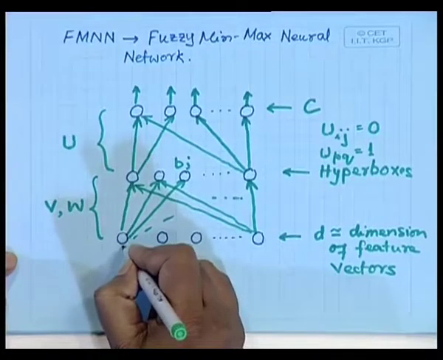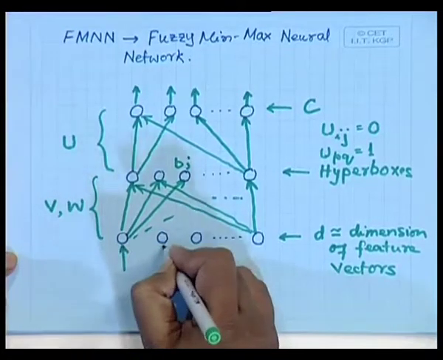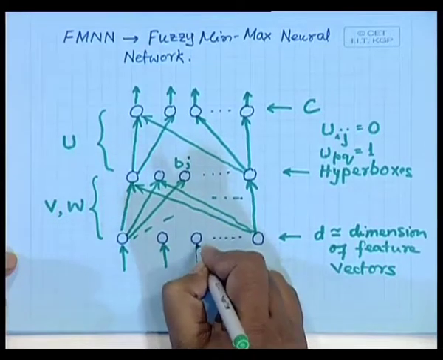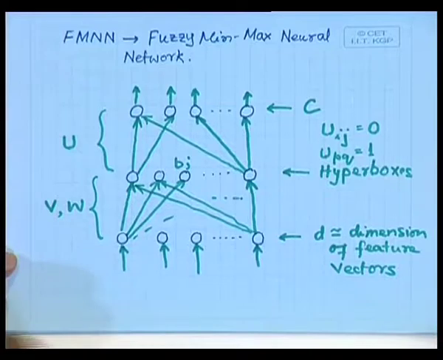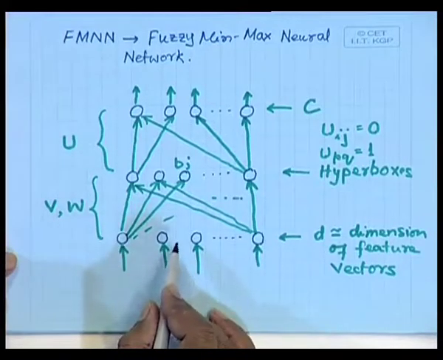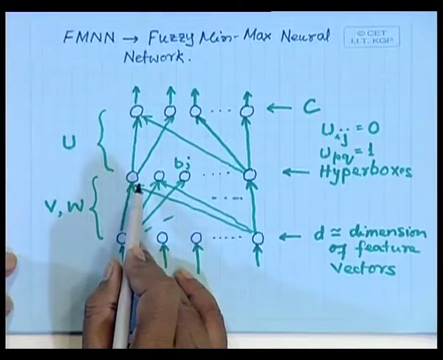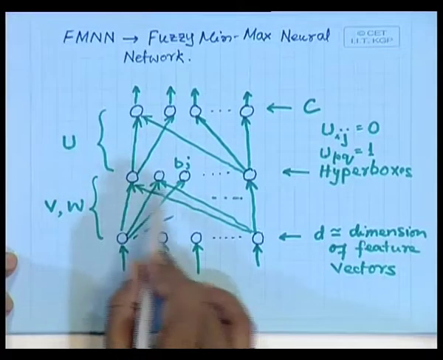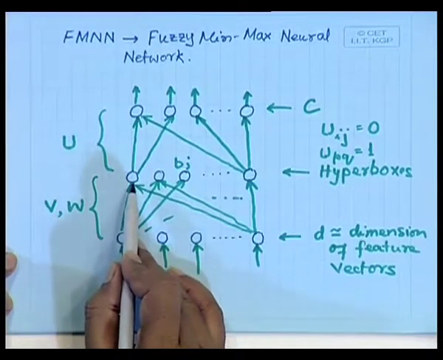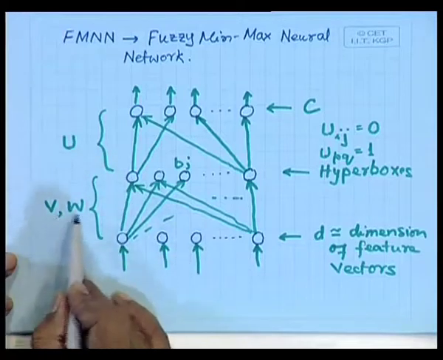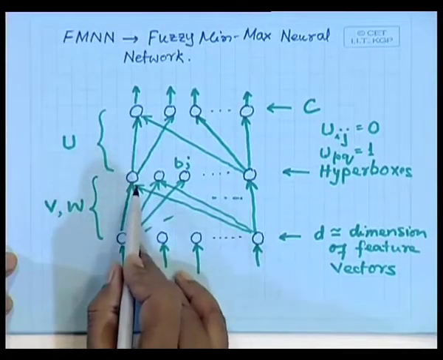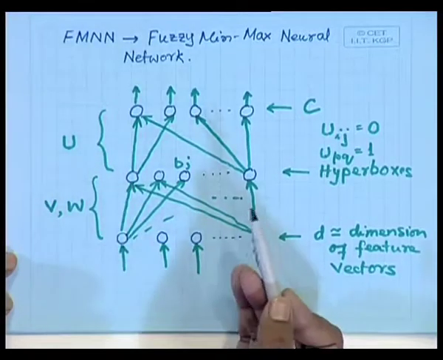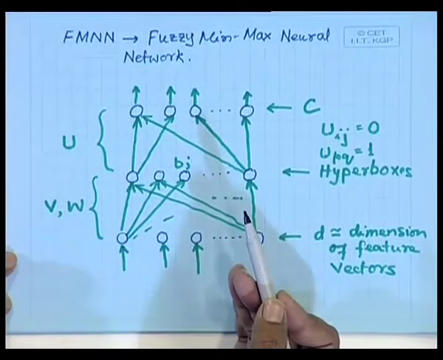So, as before, you feed the input vector to the input layer nodes. Okay. So, these input vectors are passed on to the hidden layer nodes. The hidden layer nodes know the min point and max point of the corresponding hyperbox through these matrix elements U, V and W. Okay. They compute the corresponding membership function, right.